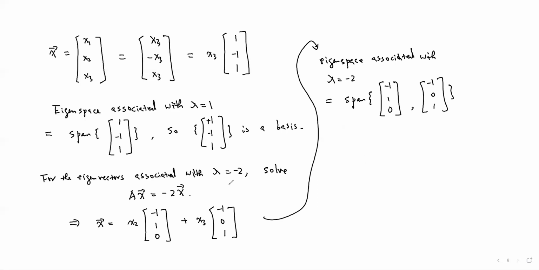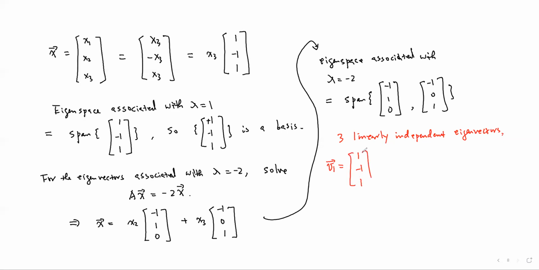Now we have found all the eigenvalues. Now we have 3 linearly independent eigenvectors. Let me name these 3 linearly independent eigenvectors. The first one, V1, is 1, negative 1, 1.